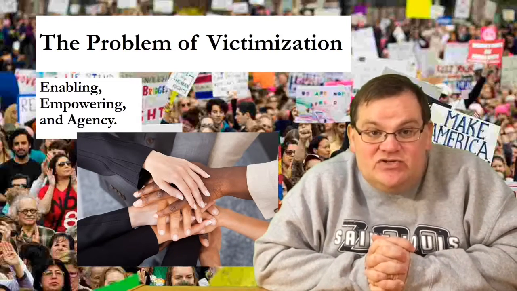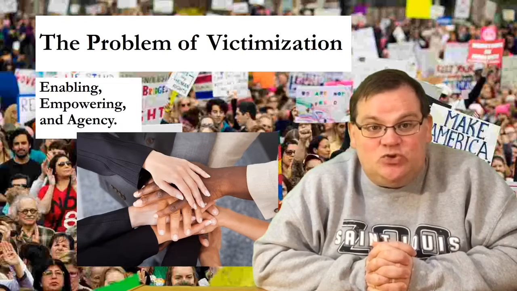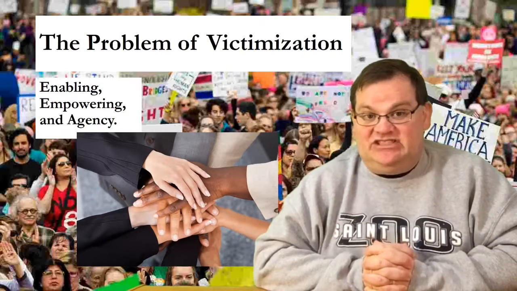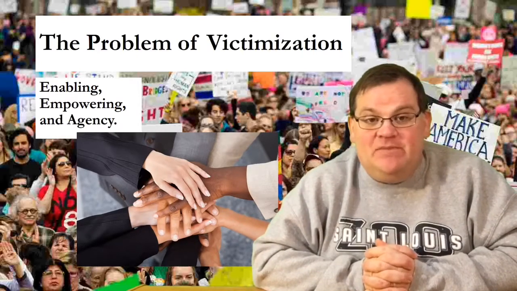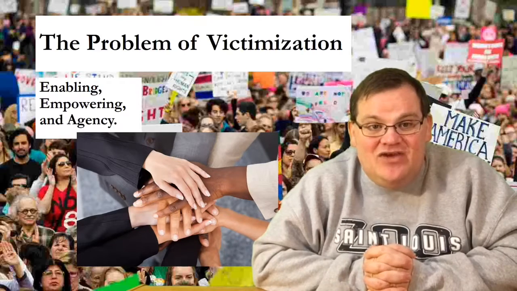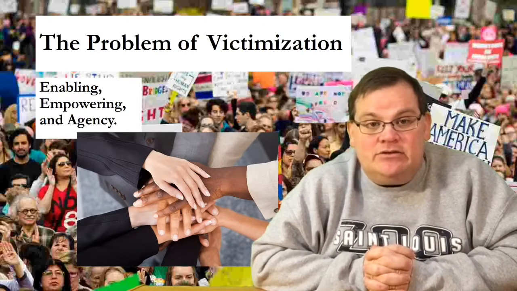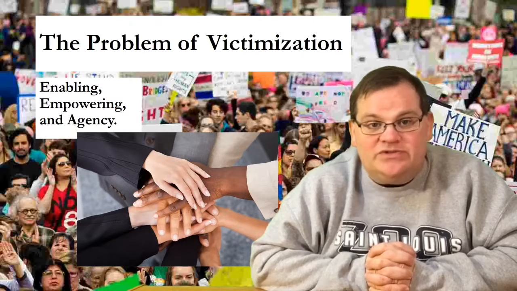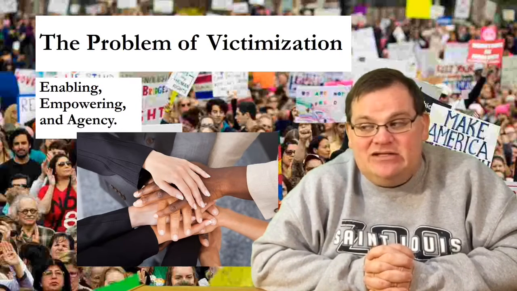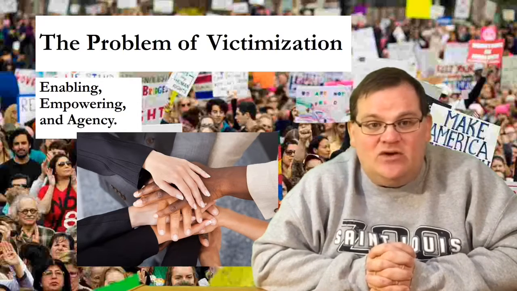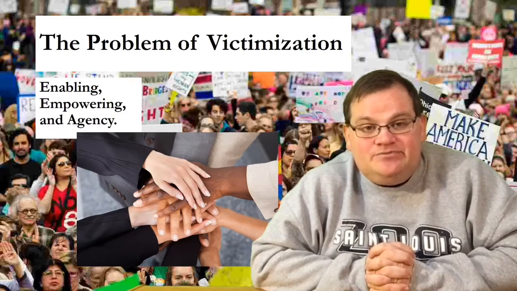Now, the ideal solution to this would be actual integration, which is scary to a lot of people, but the idea of actually figuring out how to integrate your society, not just in terms of schools or things like that, but how do you actually break up ghettoized existence?